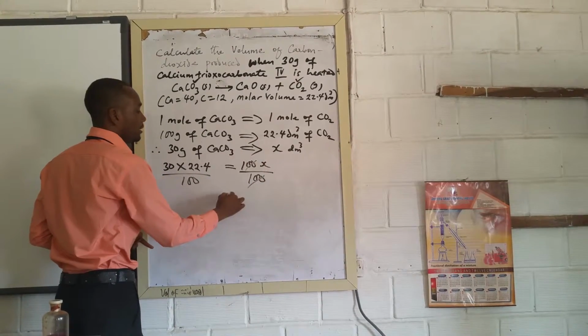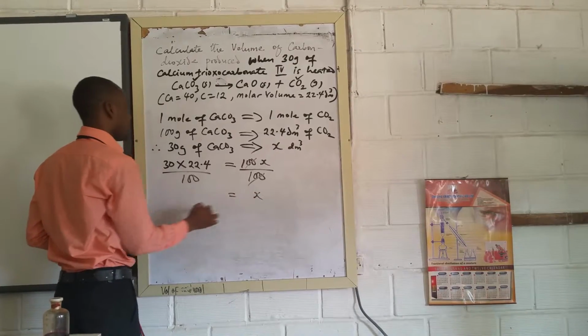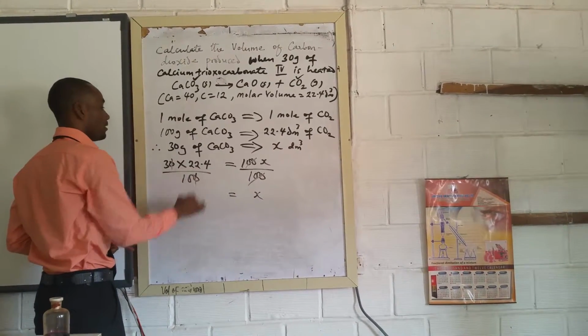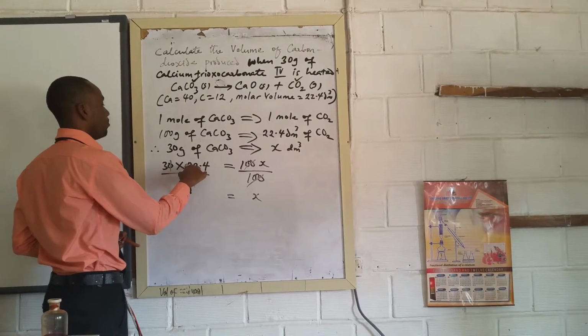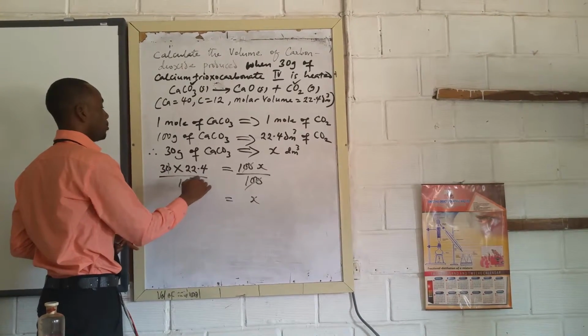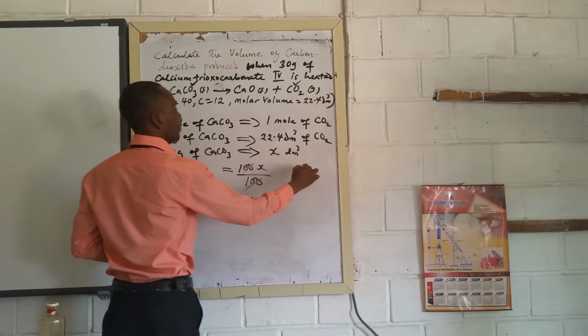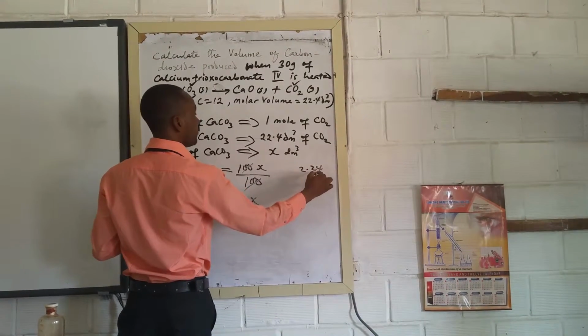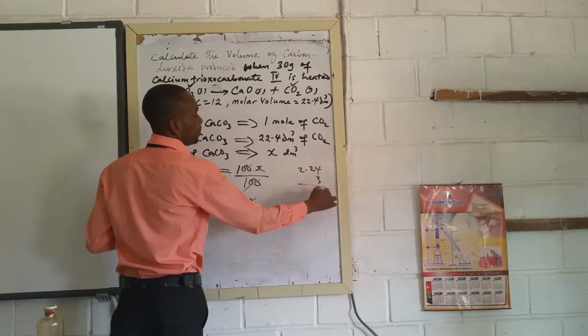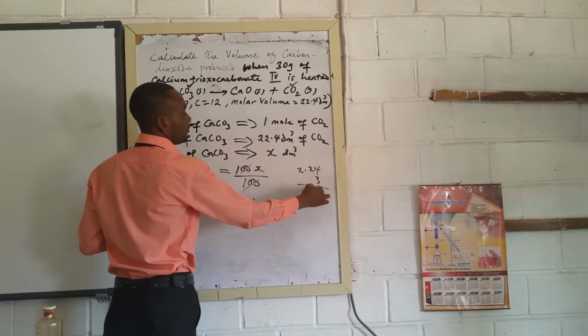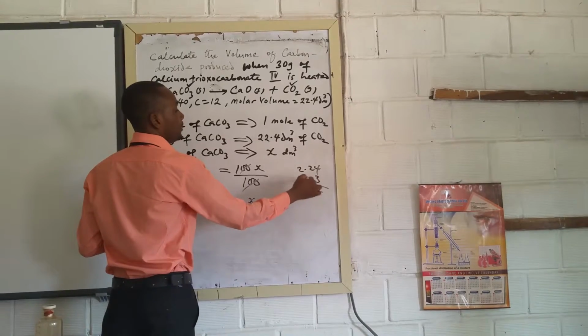100 cancels 100, and you are left with x here. X equals, now this cancels this. Then we now have 3 times 22.4. This will be 2.24 times 3. This will give you 4 times 3 is 12, 2 carry 1, 3 times 2 is 6, plus 1 is 7.